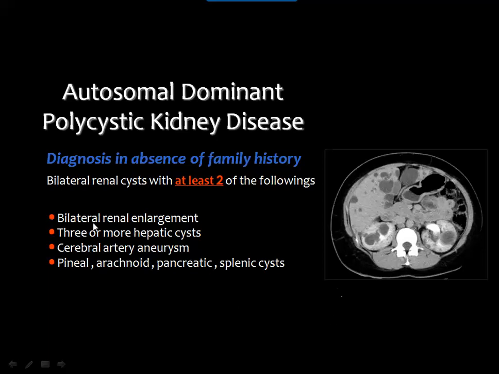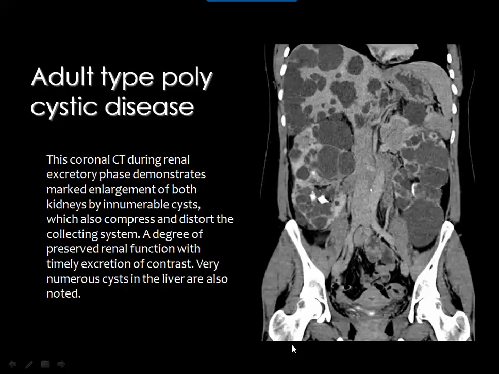Number one is bilateral enlargement of the kidneys. Number two is the detection of 3 or more cysts in the liver, as you can see here, or the detection of an intracranial aneurysm, or the detection of pineal, arachnoid, pancreatic, or splenic cysts.